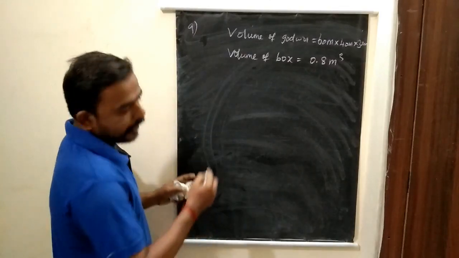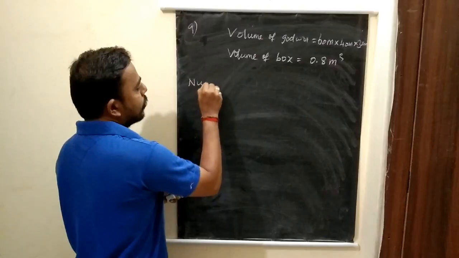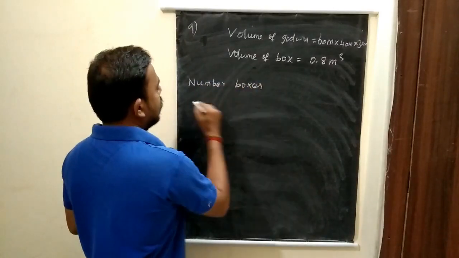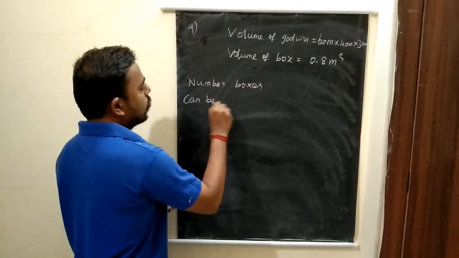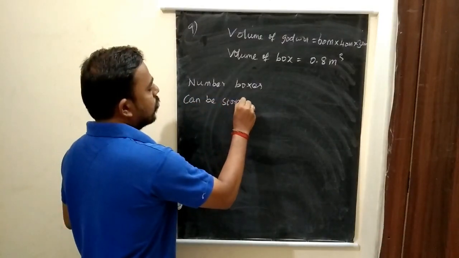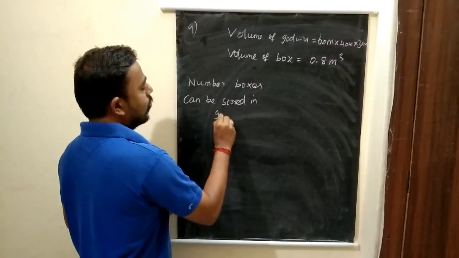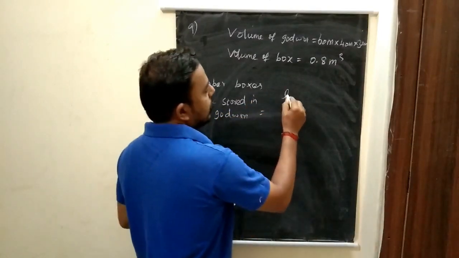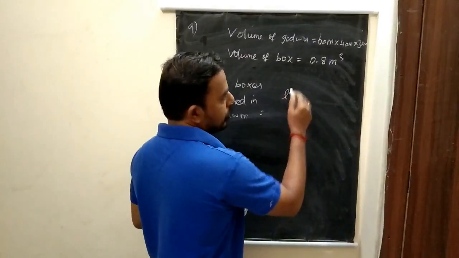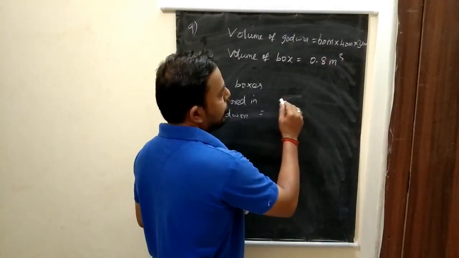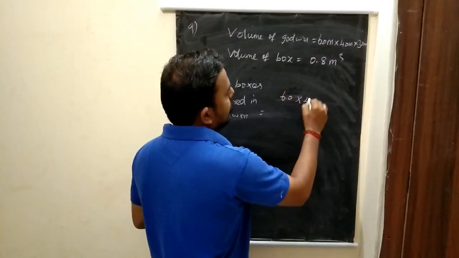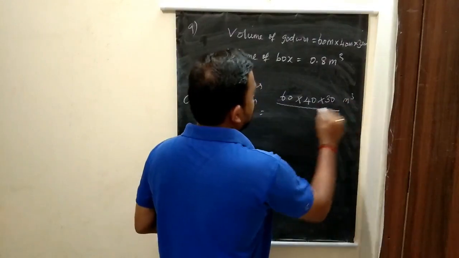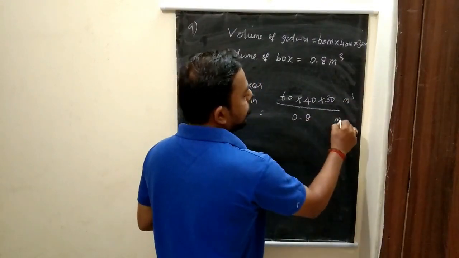So number of boxes that can be stored in the godown is equal to the volume of the bigger one divided by the volume of the small one, that is 60 into 40 into 30 meter cube divided by 0.8 meter cube.